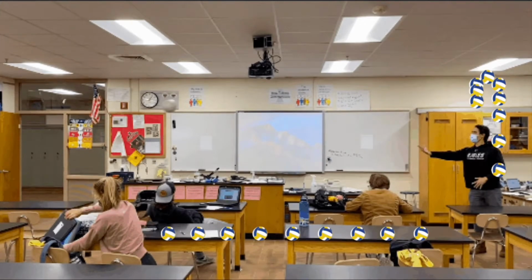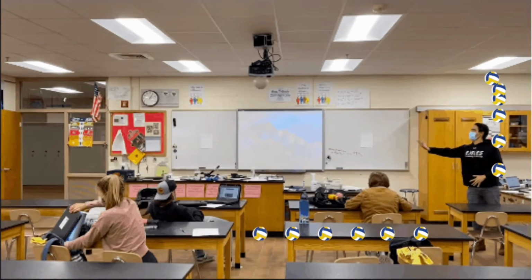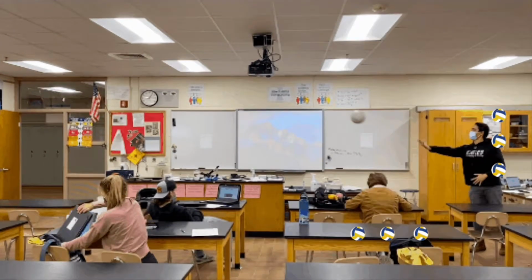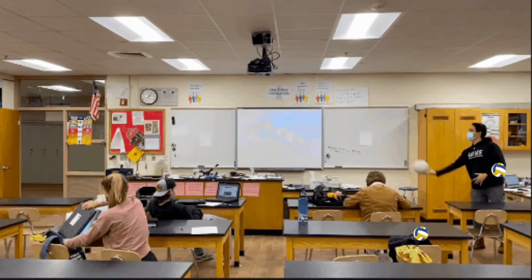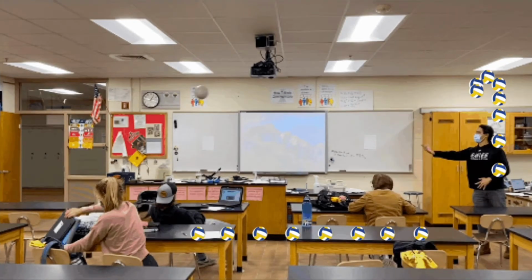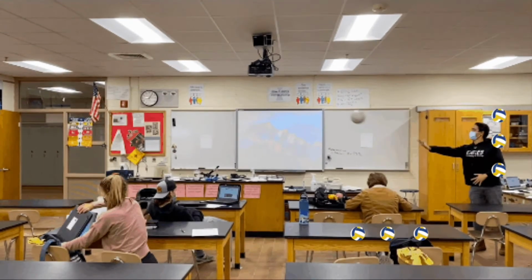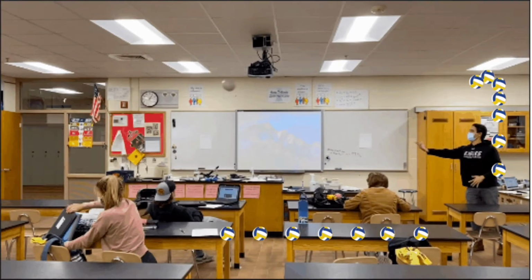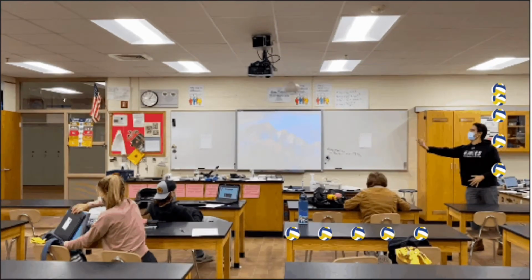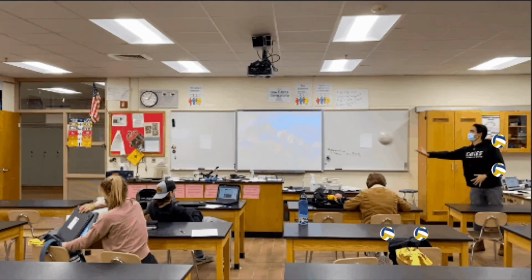What it's supposed to show you is that the motion for the volleyball in the X direction is completely independent of the motion in the Y direction. The volleyballs at the bottom of the screen mark the position of the ball horizontally every 6 frames. Hopefully you can see that they are spaced equally apart, which shows that the ball is going at a constant velocity in the horizontal direction.